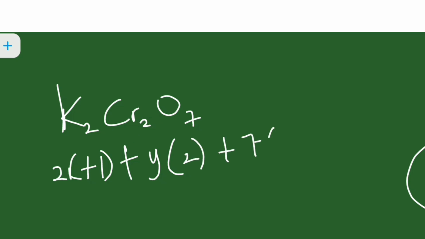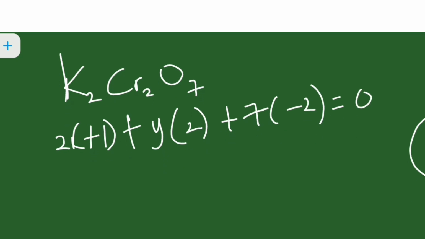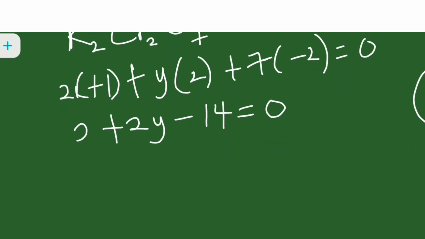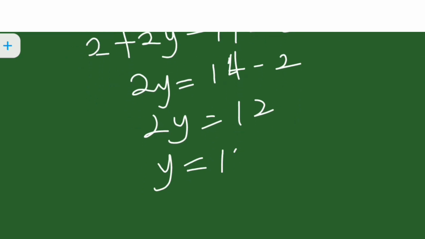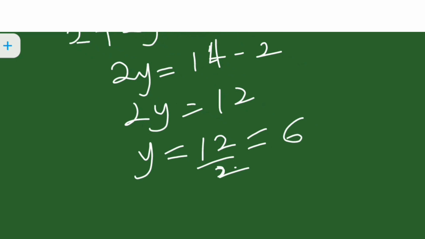Then your oxygen is -2 times 7. Everything must be 0. This will give you 2 + 2Y - 14 = 0. So 2Y = 14 - 2, 2Y = 12. Finish it up and you get 6 as the answer. So the oxidation state of chromium here is +6.